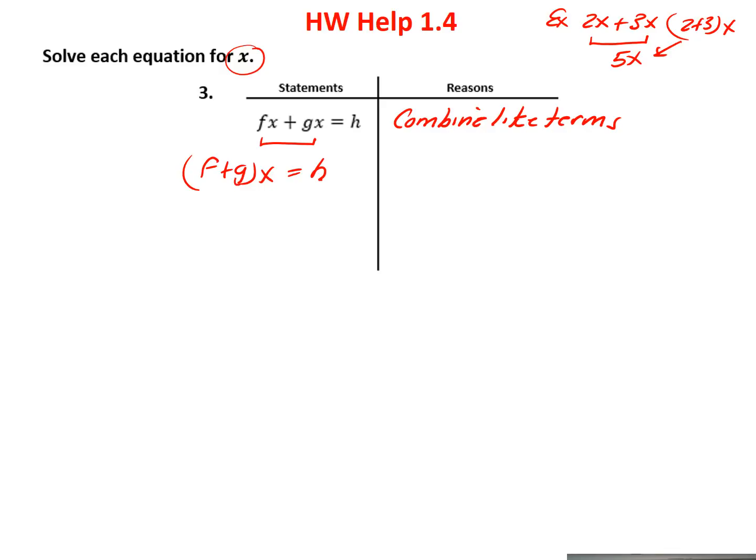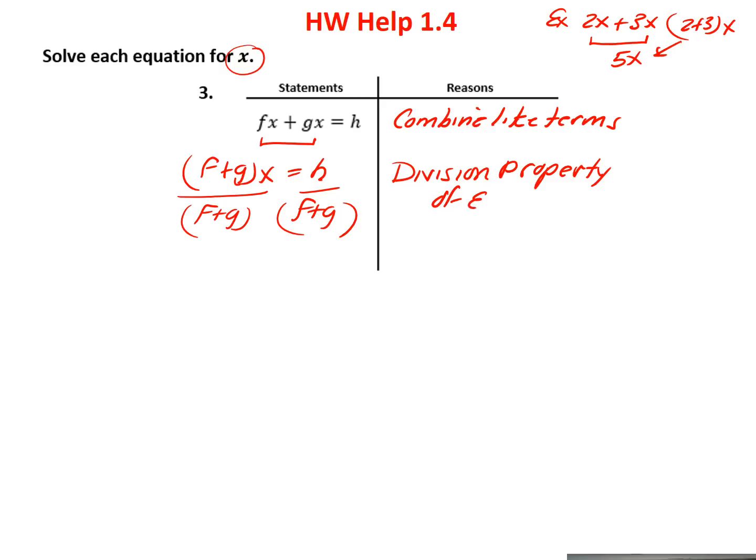And now I have some number f plus g times x. To undo the multiplication, I'm going to divide by f plus g, whatever that is, and do the same on the other side. So this is the division property of equality.